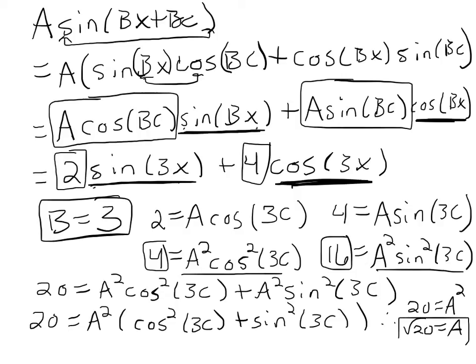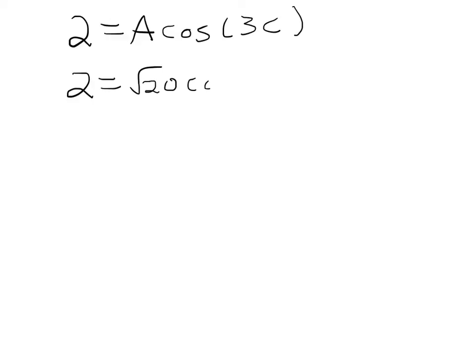and now all that's left is to solve for c. And so I can use either of these two equations. I'm going to use the equation 2 equals a cosine of 3c. So 2 equals a cosine of 3c was one of my equations, but I know now that a is the square root of 20. So now I've got to solve this equation for c.